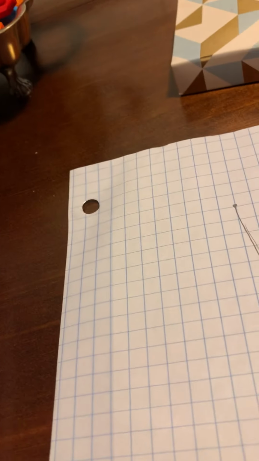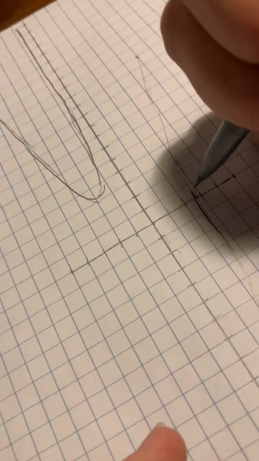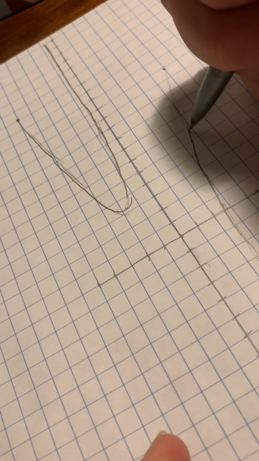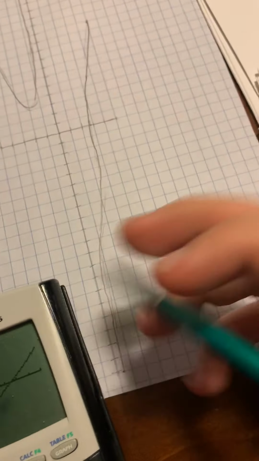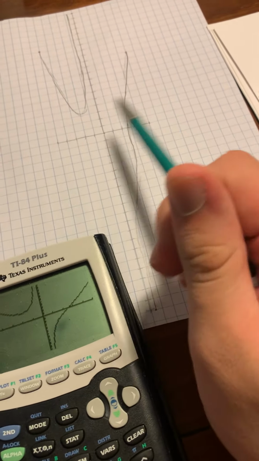So that should be more what it looks like right there. And then this, somewhat, again, this is much more shrunk up.